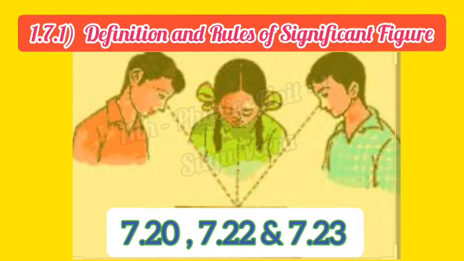Note that all 3 students measure the first 2 digits correctly with confidence, but the last digit varies from person to person. So the number of meaningful digits is 3, which communicates both the quantitative measurement and also the precision of the instrument used. Therefore, the significant figures or significant digits is 3.